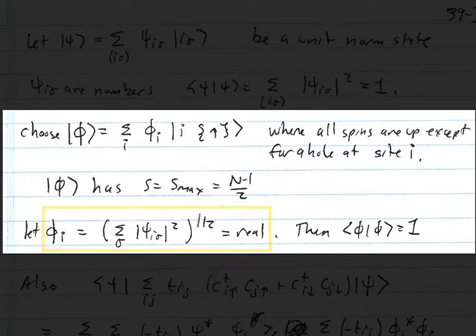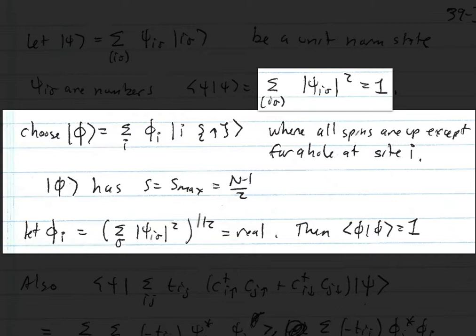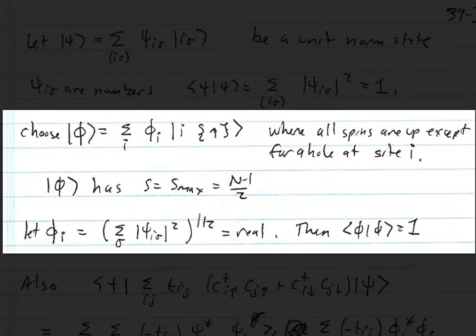So the phi I's are all real, and if I take the norm of the state phi with itself, since that's the sum of the phi I squareds, that is just going to equal 1 as well, because it's the same as the sum over I sigma of modulus psi I sigma quantity squared. Okay, be sure you understand that. That's the reason why we took this particular choice.